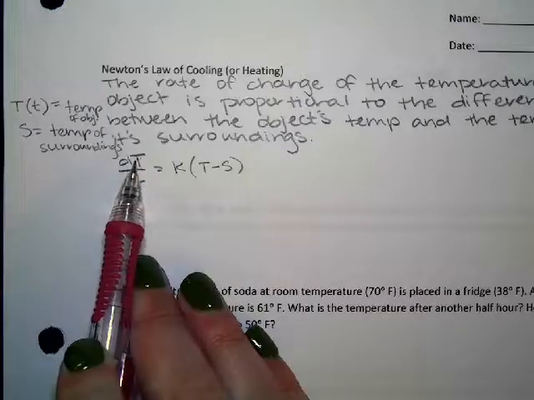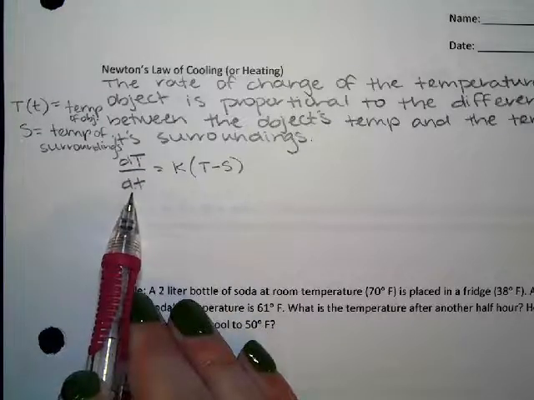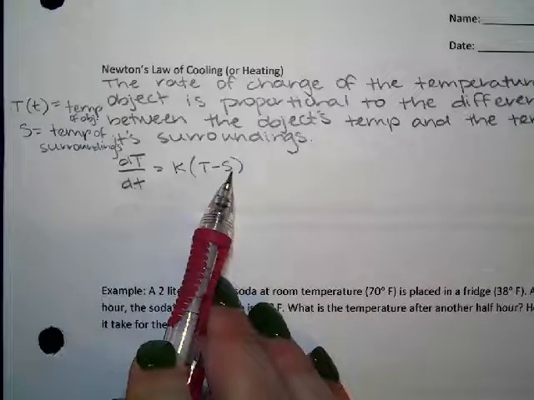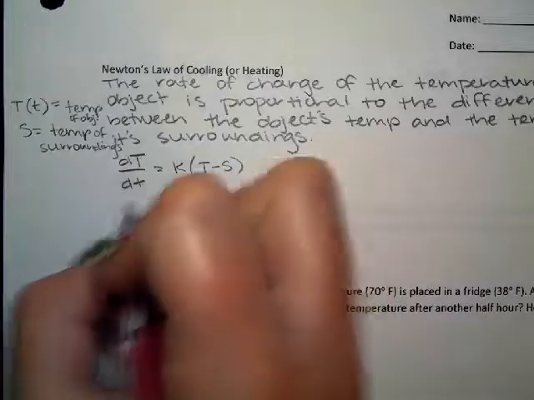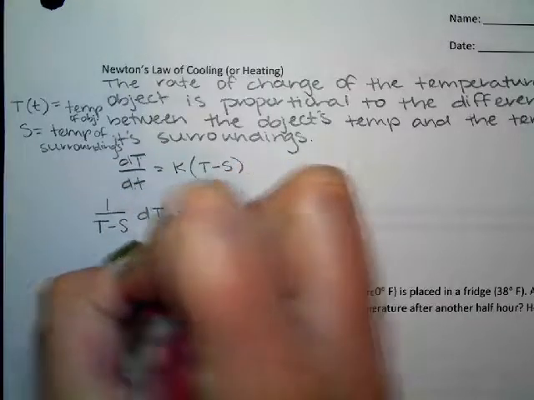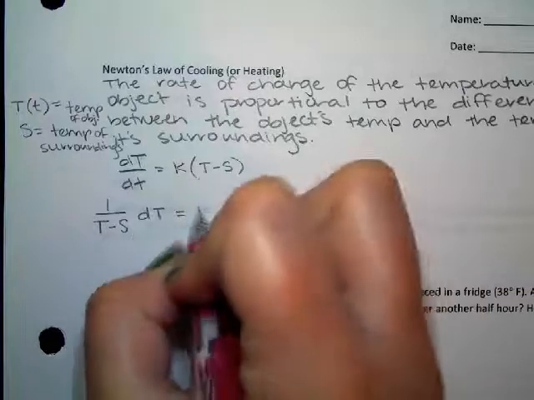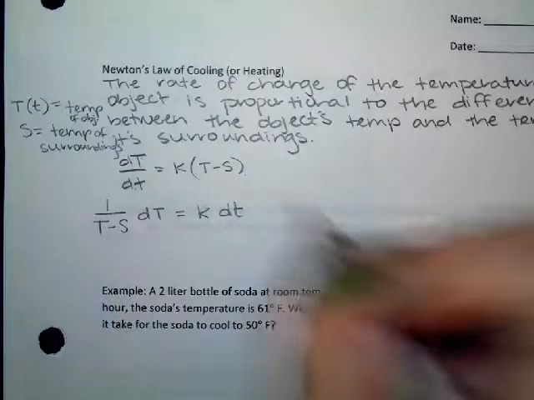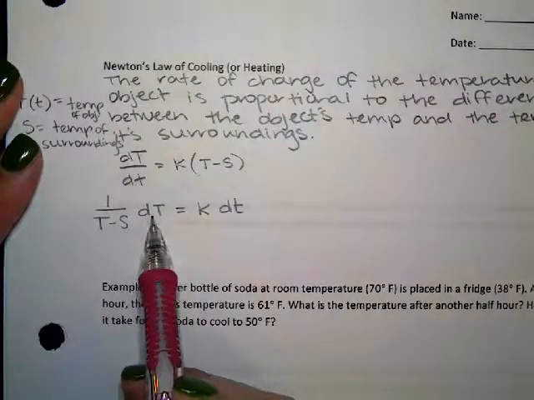Think of this as dy/dx. We're going to divide by T minus S. So we're going to have 1 over (T minus S) dT equals, and we're going to leave the k here because that's just a number, and then dt. You see the dy here and the dx there.